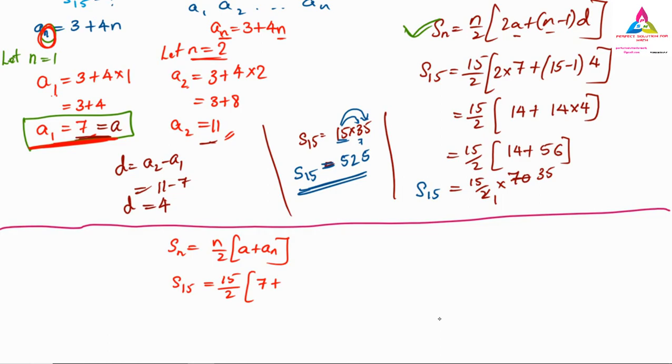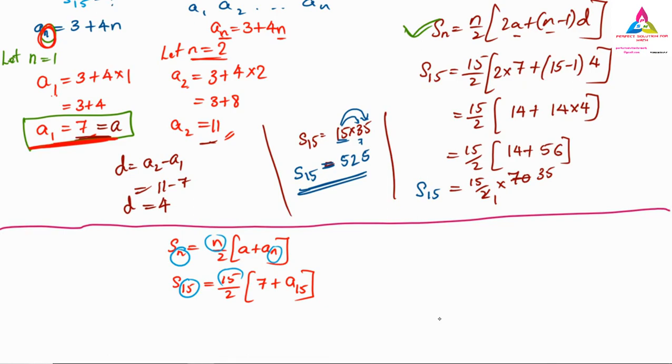Here, one thing you remember: if you change any one n value, here we have taken the n value as 15, and here also the n value is 15. So this n value will now be a15 only. We have to find the a15 value, that is the last term. So how to find a15?